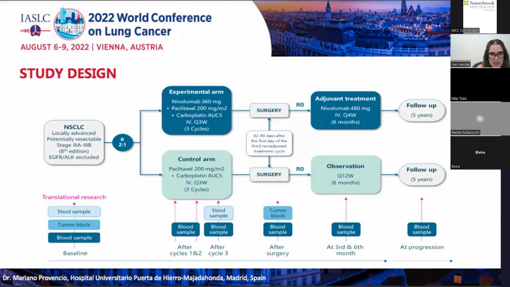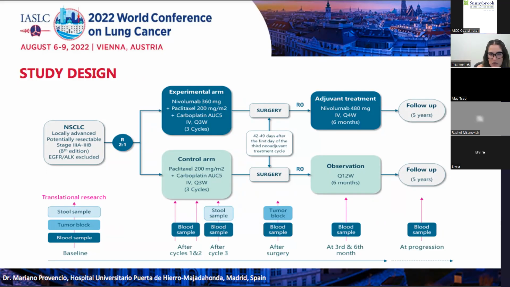The study design included patients with locally advanced, potentially resectable non-small cell lung cancer, stage 3A to 3B according to the 8th edition, and no driver mutation. They were randomized. One arm received nivolumab, carboplatin, and paclitaxel for 3 cycles, and the other arm carboplatin and paclitaxel.